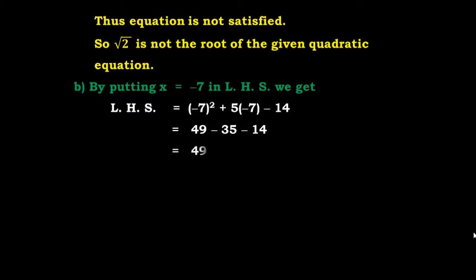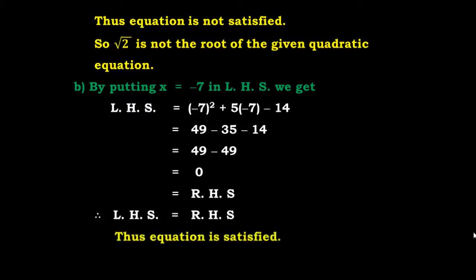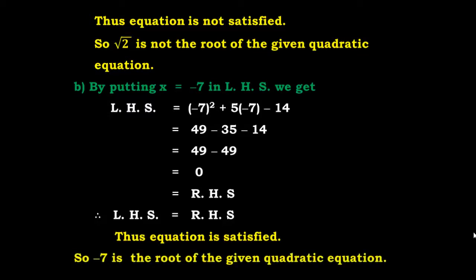Now see student, minus 35 minus 14 will become minus 49. So 49 minus 49 is 0, which is equal to RHS. That means LHS is equal to RHS. Thus the equation is satisfied. So minus 7 is the root of the given quadratic equation.